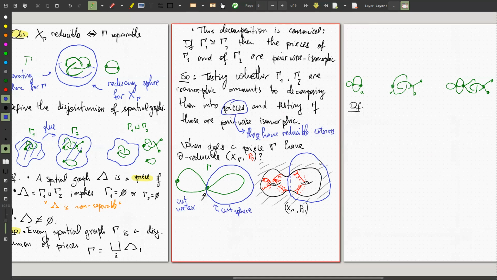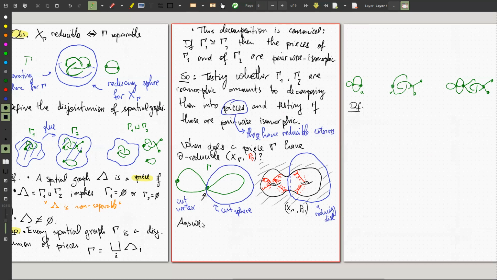So this is a reducing disk. What about the graph with 2 vertices and 1 edge? Exactly. So that's the only exception. Very good. I'm happy that somehow the audience is faster than me.